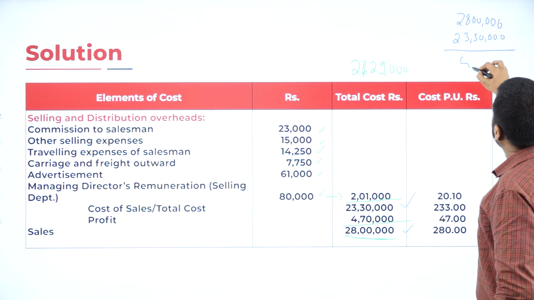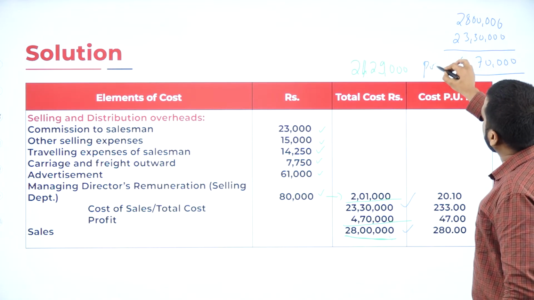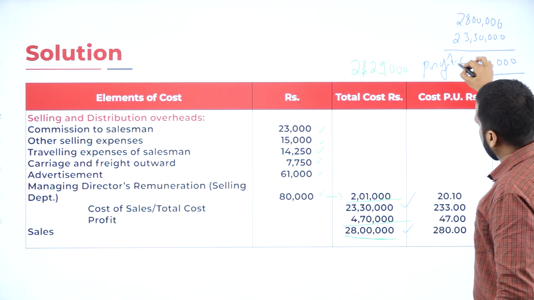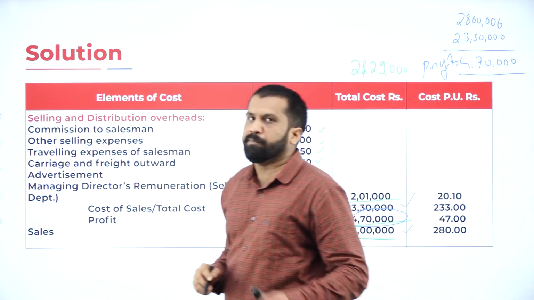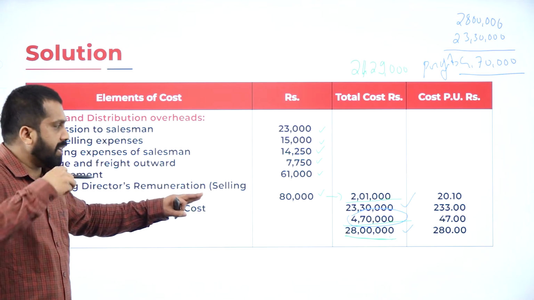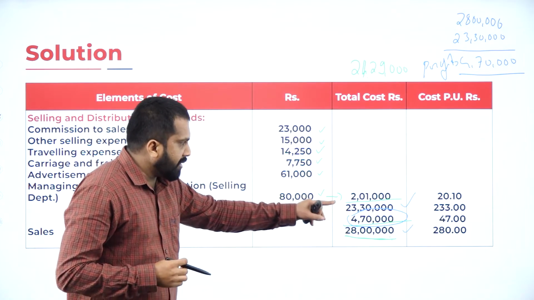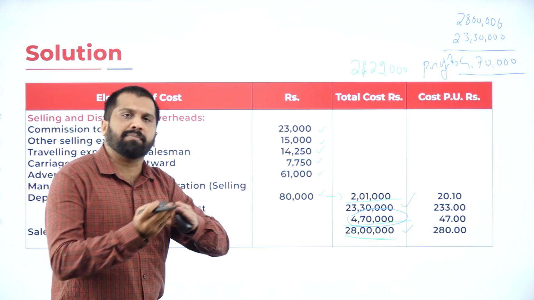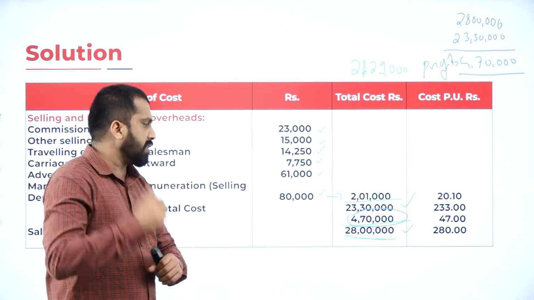If you minus, 4 lakh 70,000 is your profit. Hope you are clear. 4 lakh 70,000 is not given in your question paper. We are supposed to find it out. How to find out? Take your selling price, take your cost price, selling minus cost, you will get your profit. Hope you are clear. Good.